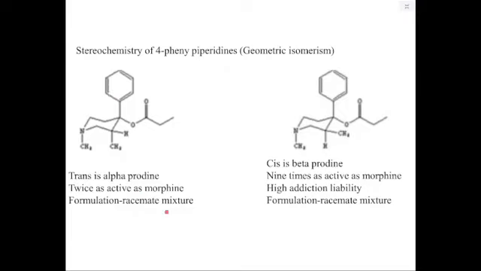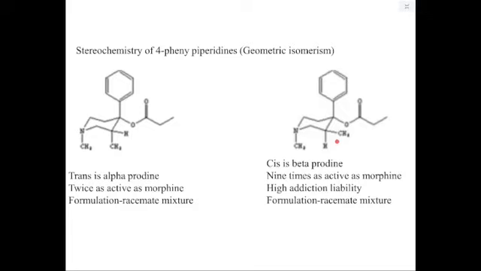This is twice as active as morphine, and that is the trans isomer. The beta isomer is when this has the beta orientation and the other one also has the beta orientation. All we are saying is that this orientation will make a change to the final shape of this molecule.